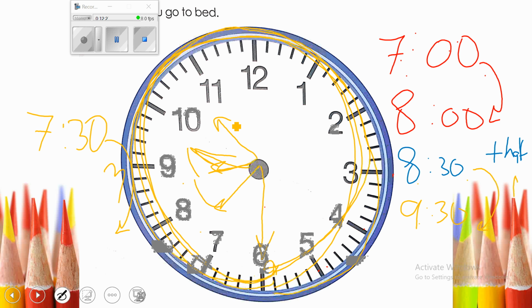So it's 30 minutes. How I'll do it? I'm just adding 3 hours to 7. 7 plus 3 is 10 and 30 minutes. By practice, and if you have real analog clock, you can do it easily.